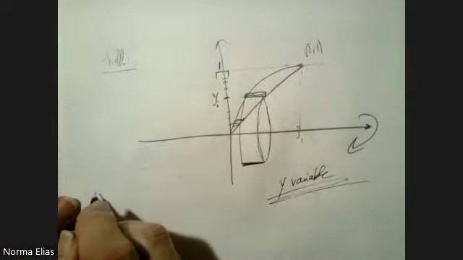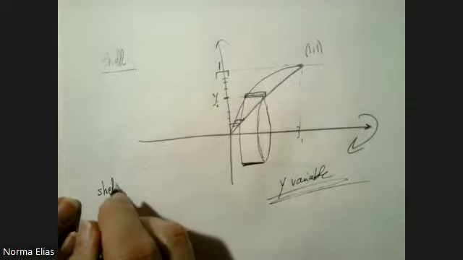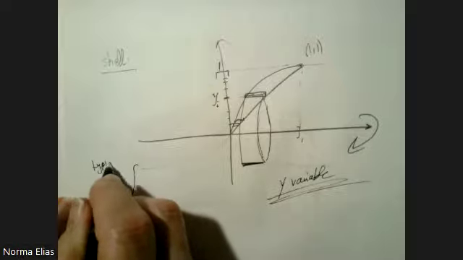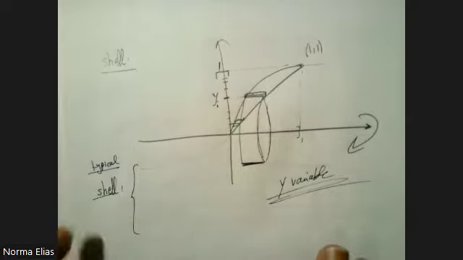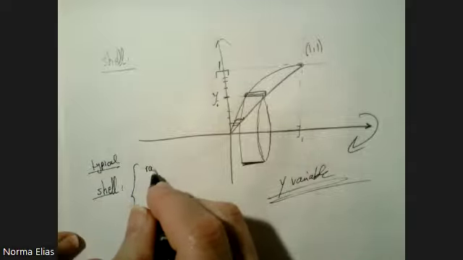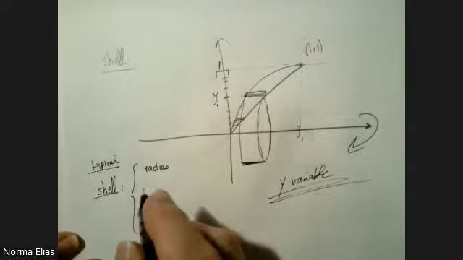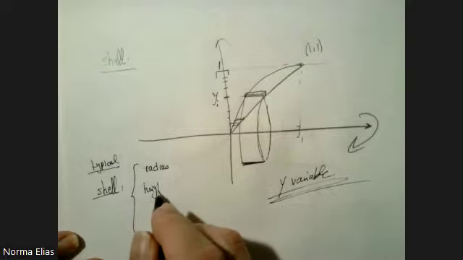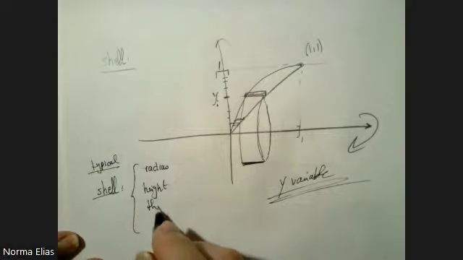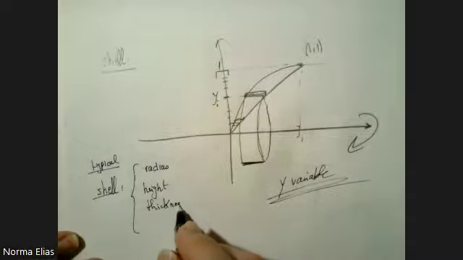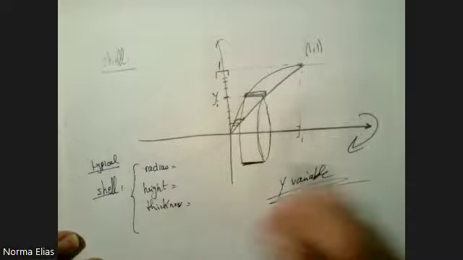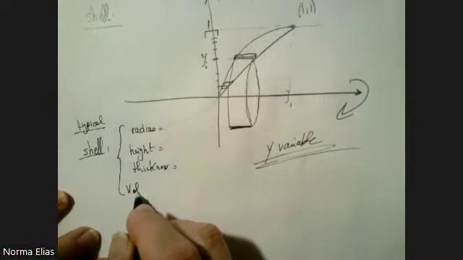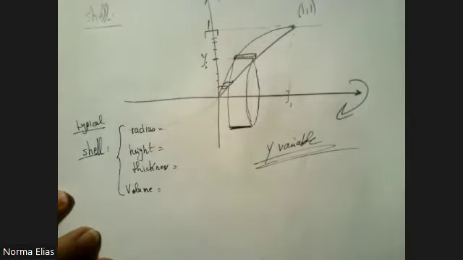So now a typical shell. For a shell, I need the radius. I need 2 pi times the radius times the height times the thickness. I need every aspect of that. And finally, I need the volume, which is, once we find the little pieces, the volume will be easy.